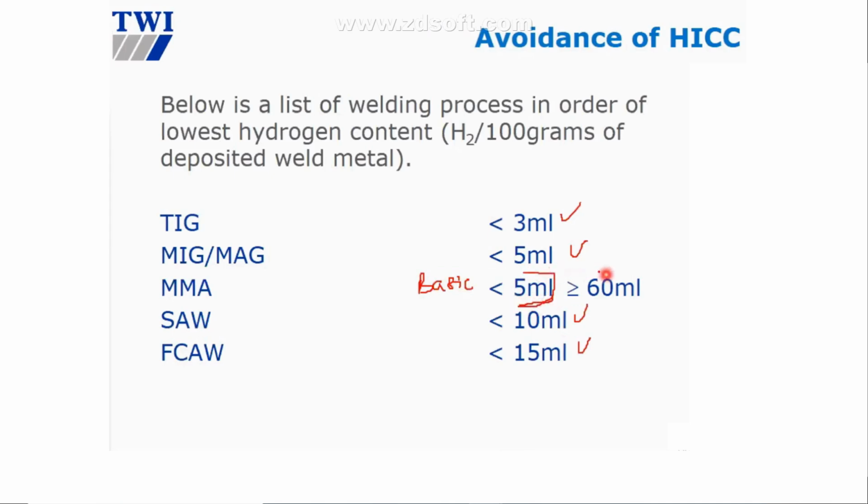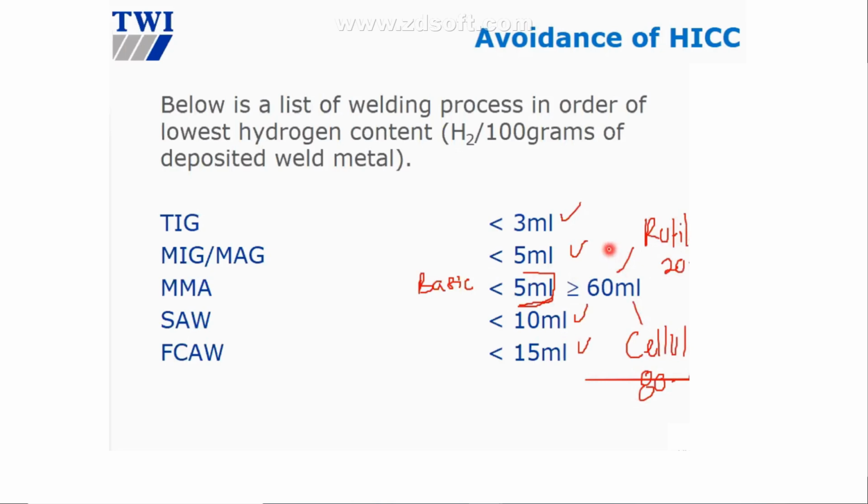But anything above 15 milliliter, like rutile, between 20 to 30 milliliter per 100 gram, and also cellulose, between 80 to 90 milliliter, that is a problem with hydrogen here.